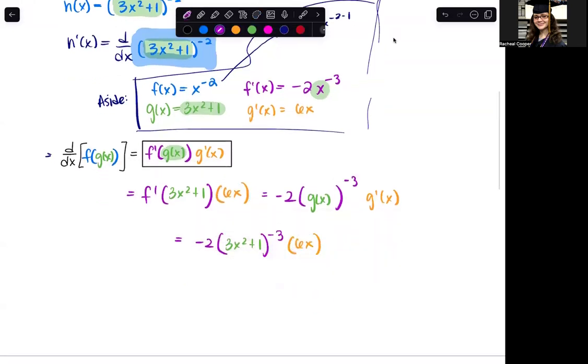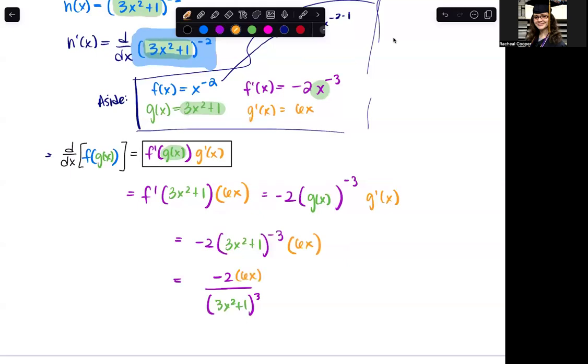Now, best practice here would be to write this as negative 2 over 3x squared plus 1 to the third. Now, I've applied this exponent rule again. Now I have a negative exponent. I'm going to move that term to the denominator and make the exponent positive. But then I also need to multiply the 6x.